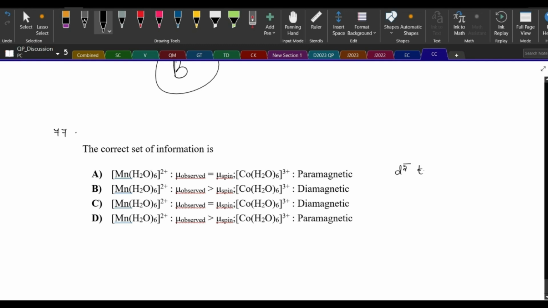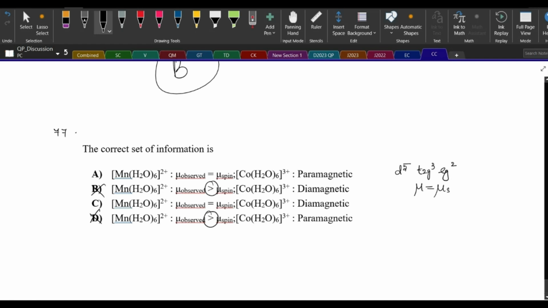So T2G3 EG2 on. You don't have any kind of unsymmetry either in T2G. അല്ല T2G യിൽ മാത്രം നോക്കിയാൽ മതി, T2G യിൽ ഇല്ല. അതുകൊണ്ട് തന്നെ എന്താണോ നിങ്ങളുടെ ഒബ്സർവ്ഡ് mu അത് തന്നെയായിരിക്കും, which is going to be equal to the spin value. So ഇവിടെ greater എന്നാ പറഞ്ഞിരിക്കുന്നത്, which is wrong.